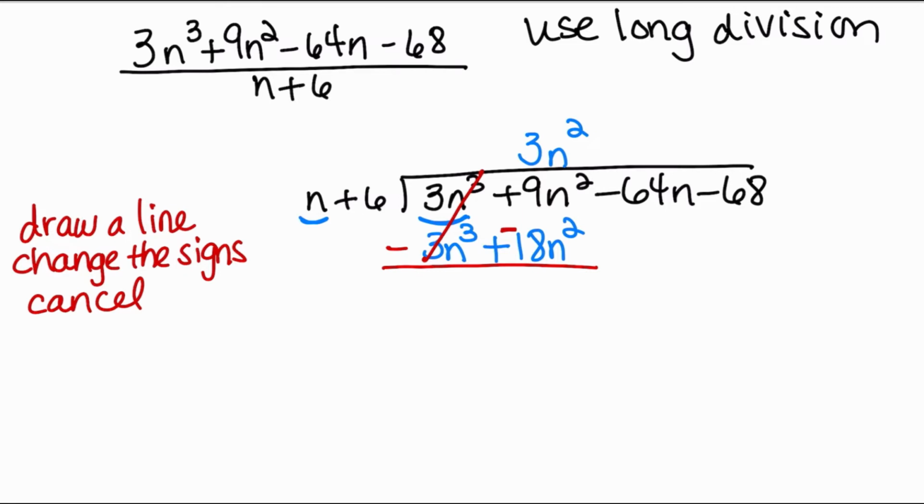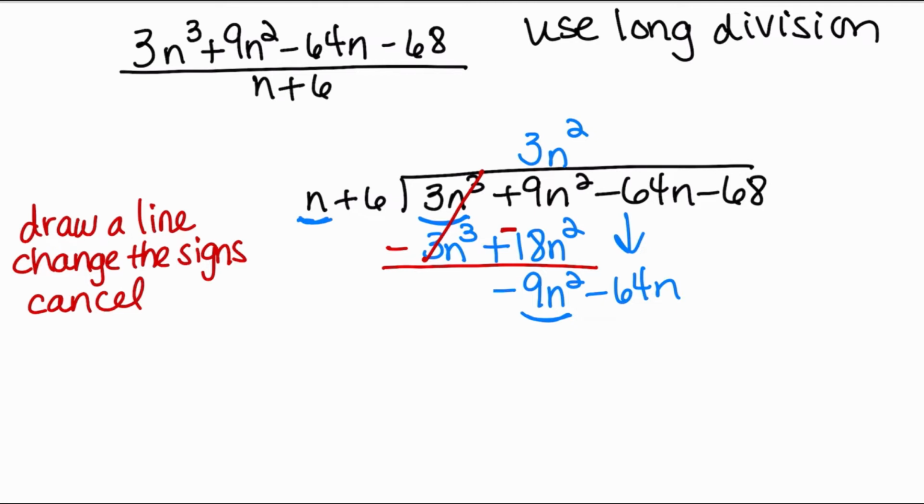All right, so now we are subtracting. So 9n squared minus 18n squared is going to be negative 9n squared. And I'm going to bring down the negative 64n. So I do the same thing again. And I'm going to ask, how many times does n go into negative 9n squared?